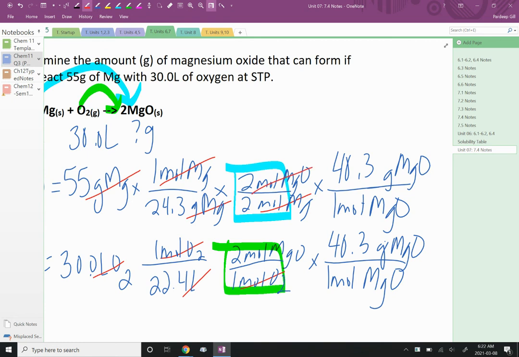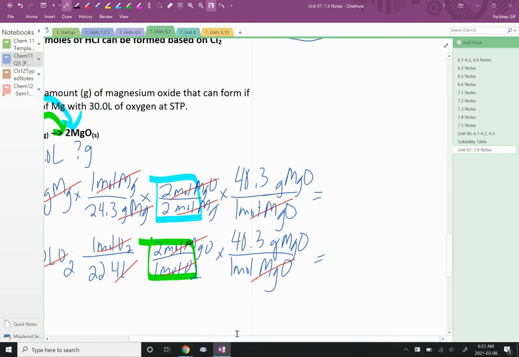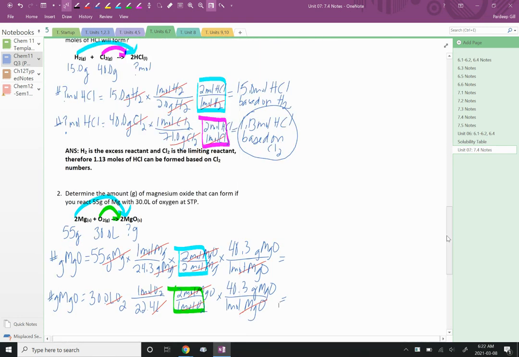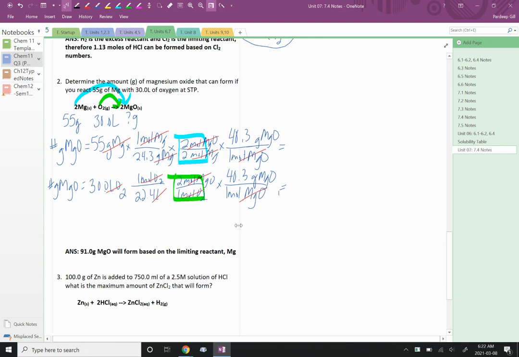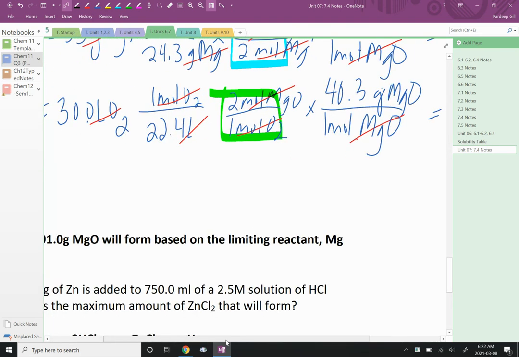When you work this out, you're going to be left with some numbers. So work it out, and let's see what you get. I'll leave that for you to solve.